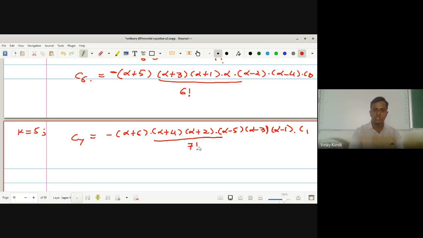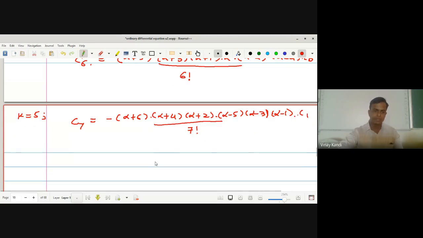Okay, so in general, look at here. In general, generalization करताना नीट लक्ष द्या. C2 तुमचा निगेटिव्ह आहे, C4 पॉझिटिव्ह आहे, C6 निगेटिव्ह आहे. ओके. C6 निगेटिव्ह आहे.